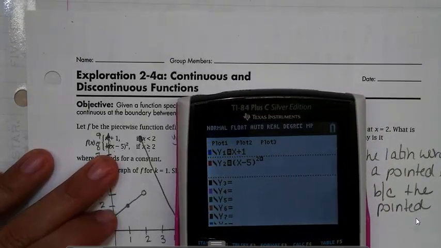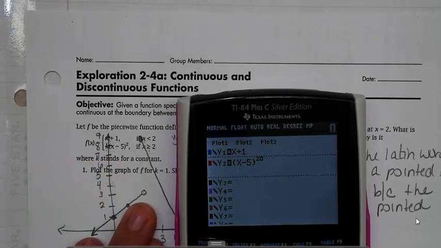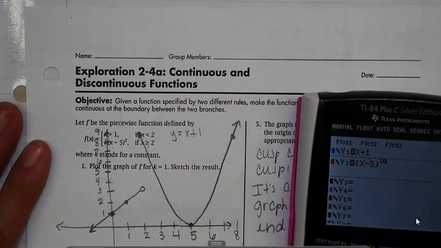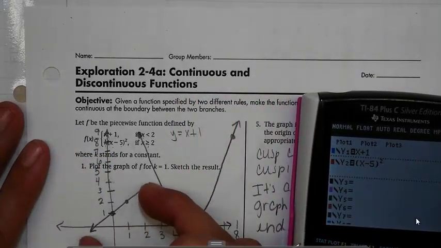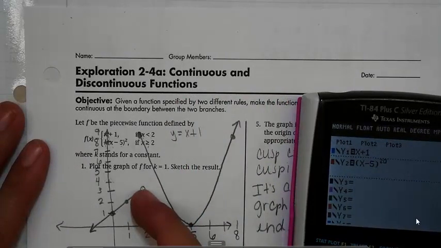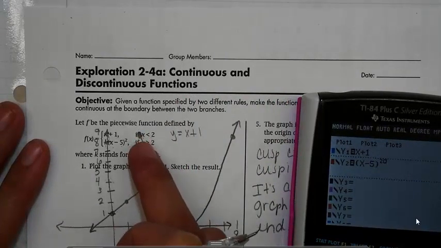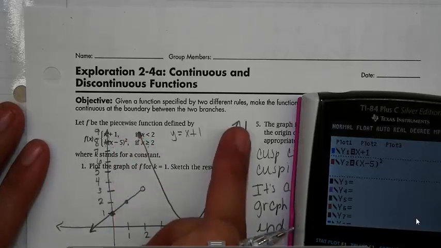Now here's the thing. You can make it restrict so that you're only graphing this piece up to 2. Okay, and then you're only graphing this piece beginning at 2 and moving forward.